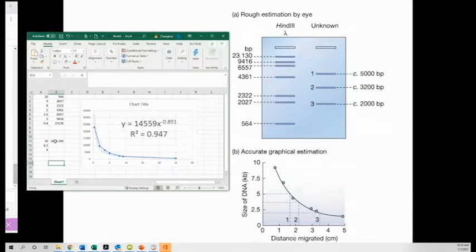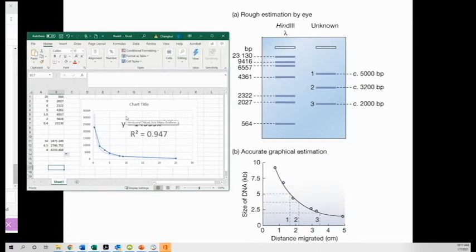So for number 3, which migrated 10 centimeters, the size will be about 1871. Then you apply the same equation for the other 2, and you get the estimate of those 3 unknown fragments.